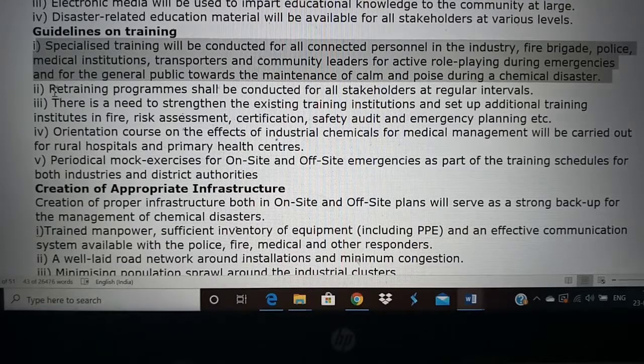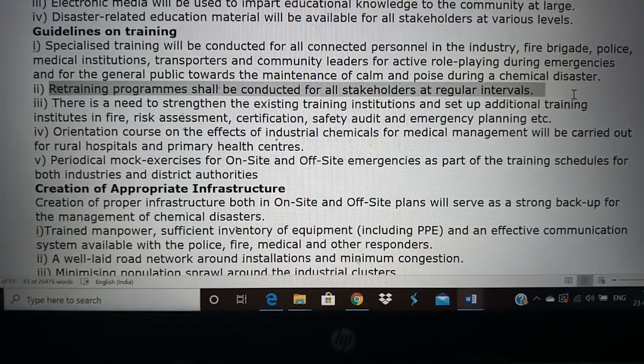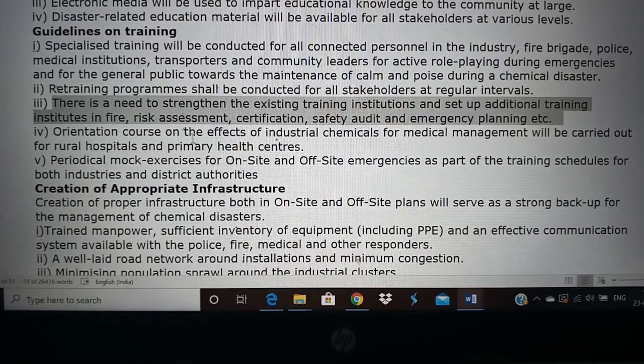Then retraining. Once they give training, people should not forget, and it should not be that after 10-15 years they give training again. This training should happen every year, and only then will there be proper knowledge and people will know what to do. Then the existing institutes should also do risk assessment, that is, identify what risks there are and what can happen.